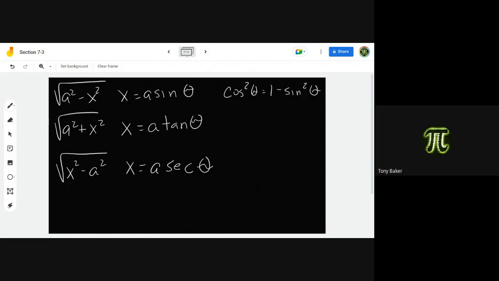For the tangent, sorry, you're going to have 1 plus tangent squared theta equals secant squared theta. And for the secant one, you're going to have secant squared theta minus 1 equals tangent squared theta. Because the goal is to get something there into something that I can now just do the square root of.